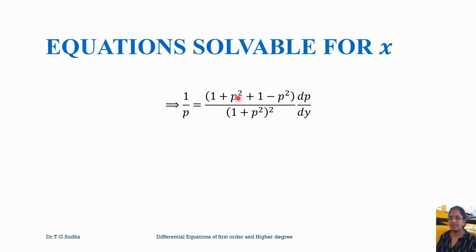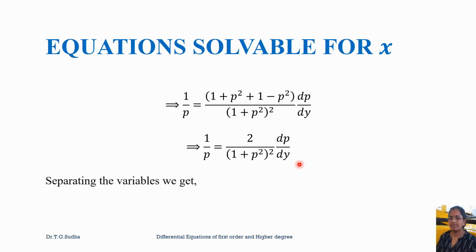So in the numerator, p square gets cancelled and we get 2 divided by (1 plus p square) whole square into dp by dy. Further, let us separate the variables. On separating the variables, cross multiply this dy to the left hand side and this dp to the right hand side. We get dy is equal to 2p divided by (1 plus p square) whole square into dp.